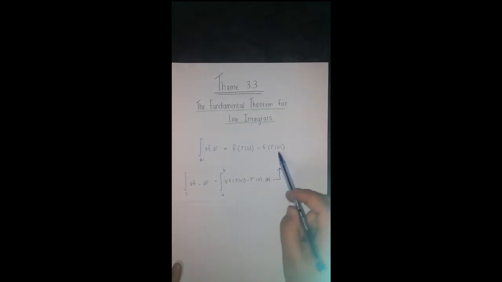That's also equal to this. Usually we would have our gradient vector field dotted with our r prime of t function, so this would also be equal to this, according to the theorem.